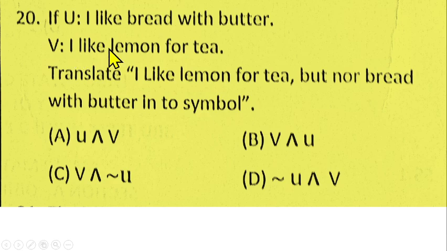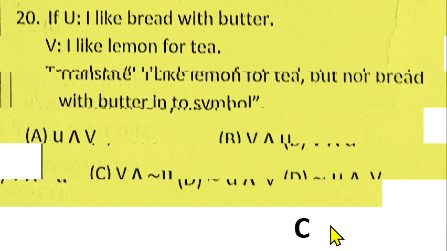I like lemon and tea, that one is not negation, but not bread and butter, so that will be V and the negation of U, which is option C also. So option C is the answer to question number 20.